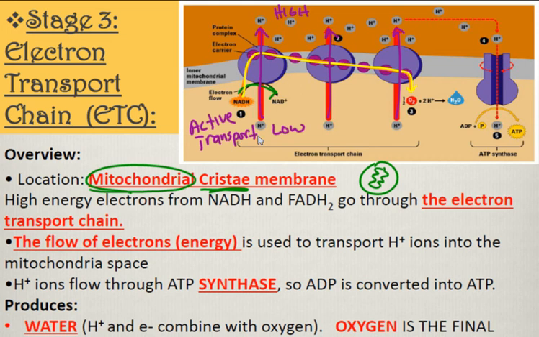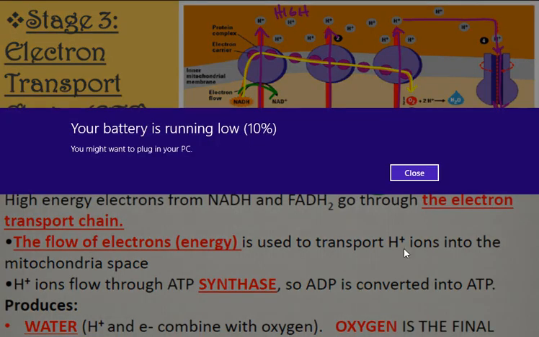Your electrons, as they hit each checkpoint, are creating energy to allow this movement to happen, going against the gradient, so hydrogen ions are being transported out into the mitochondrial space. Then they will eventually head toward the ATP synthase and come back in.